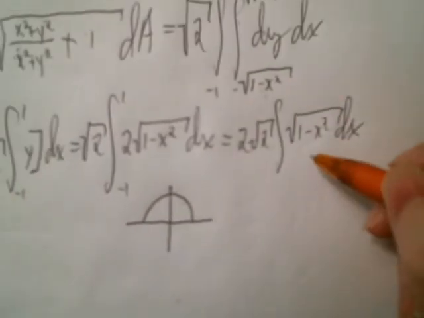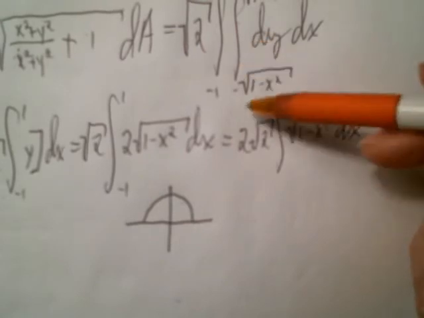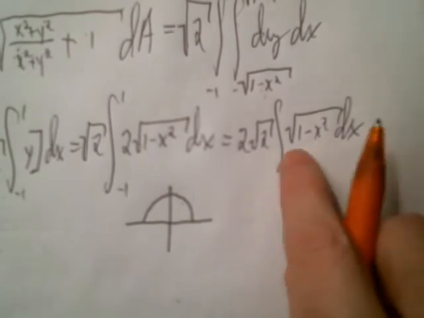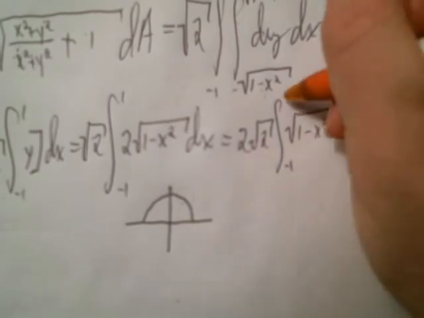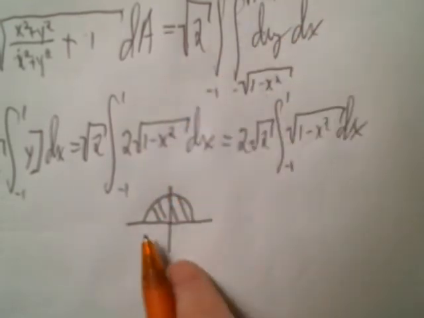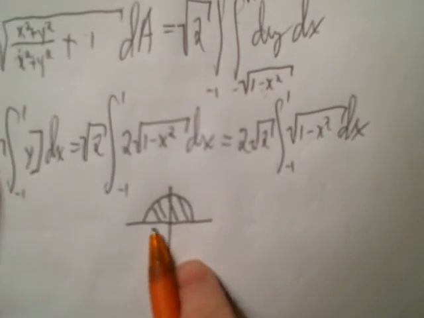Right? So it'd be 2 root 2 times the integral of the square root of 1 minus x squared dx. I mean, they would train you to do a trig sub here, or we would normally do a polar sub, but I've sort of skipped that part. But what is this integral here? This integral is just the area underneath this curve here from negative 1 to 1. Okay, and what is this region here?